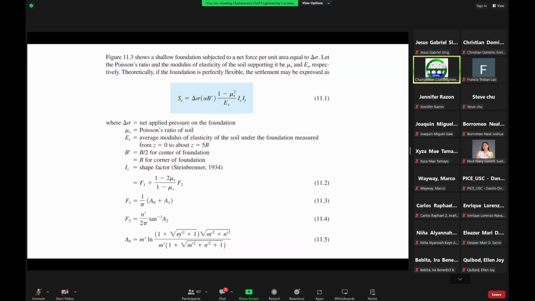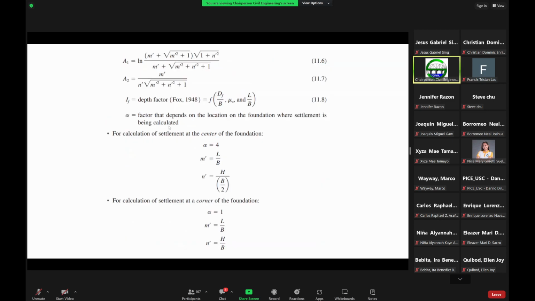Now, a sub 0 is given by this formula here, which is a function of m prime and n prime, which will give the formula later. And then a sub 1 is given by this formula here, which is again a function of m prime and n prime.